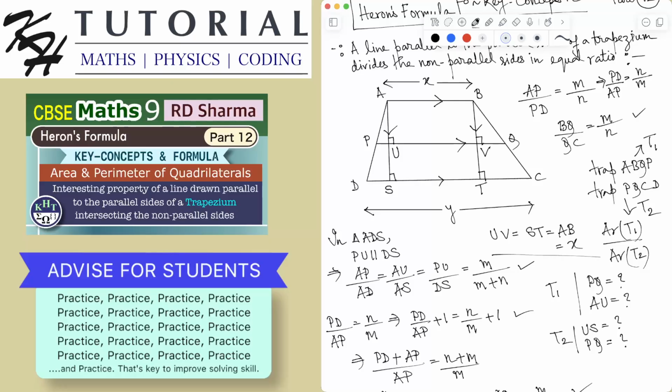So AB plus PQ. The ratio of the sum of the parallel sides of the trapezium T1, that is AB plus PQ, divided by AB plus DC, this ratio must be a constant, that is it should be in terms of m and n.